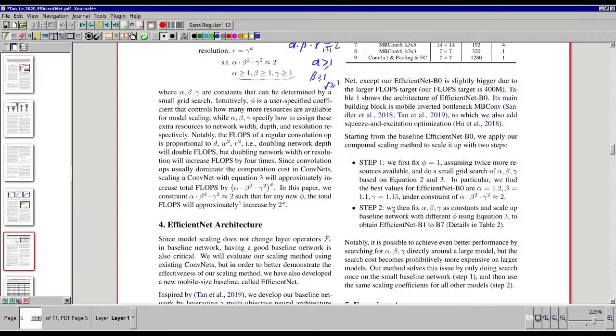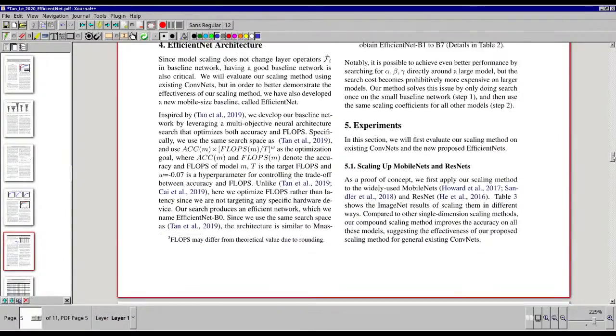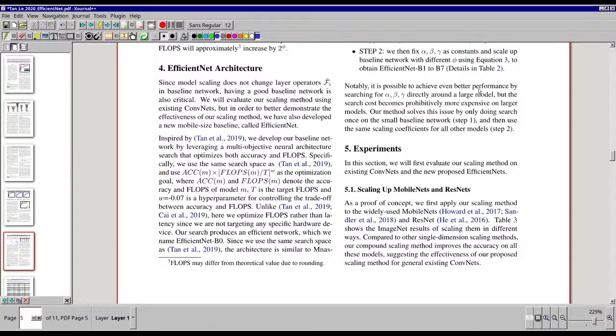Step 2: we fix alpha, beta, gamma as constants and scale up the baseline with different phi using equation 3 to obtain EfficientNet-B1 to B7. Notably, it is possible to achieve better performance by searching for alpha, beta, gamma directly around a large model, but the search cost becomes prohibitively more expensive on larger models. Our method solves this issue by only doing the search once on the small baseline network, step 1, and then using the same scaling coefficients for all other models, step 2.